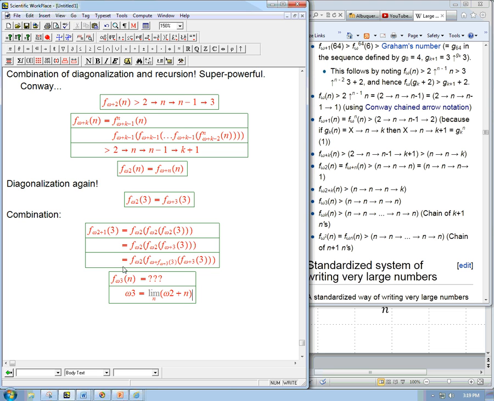Okay, so given that, our diagonalization trick says just pick the nth term of this guy. So that's f sub omega 2 plus n of n. And so that's going to give us access to arbitrarily large omega 2 pluses. And we know that those guys give us incredible nested repetitions of f omega 2s, which then give us immense nested repetitions of f omega plus k's, which in turn eventually expand in terms of actual powers.